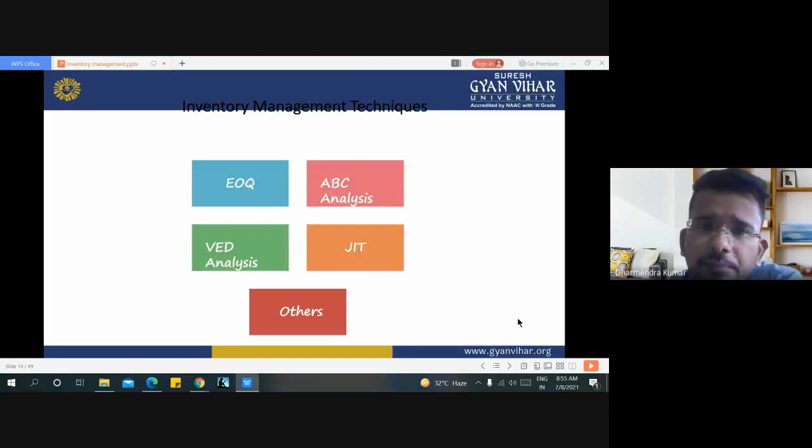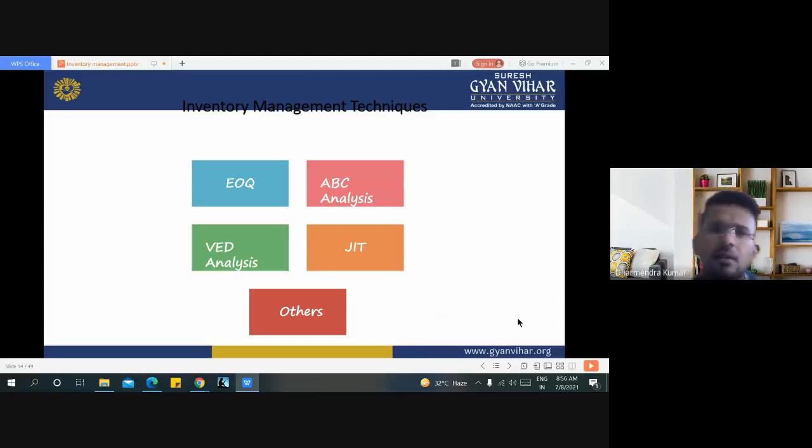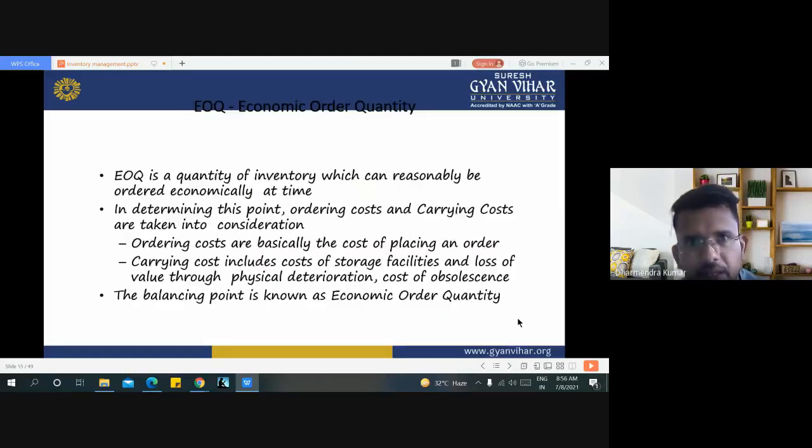These are some inventory management techniques like EOQ, ABC analysis, JIT, VED. By using these types of inventory management techniques, we can easily manage our inventory in any manufacturing plant.